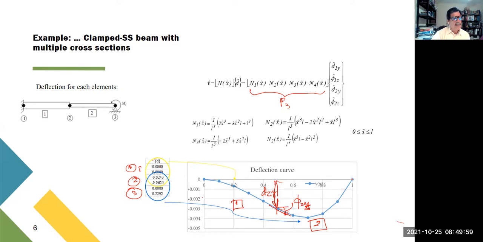Here, displacement is 0, and rotation is positive, this value. That's the analysis for each element. In this case, the solution is exact again, because we have no distributed load inside the elements. So the solution in this case is cubic and it's exact.